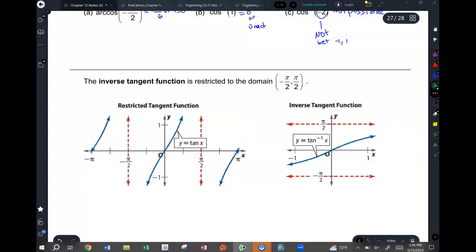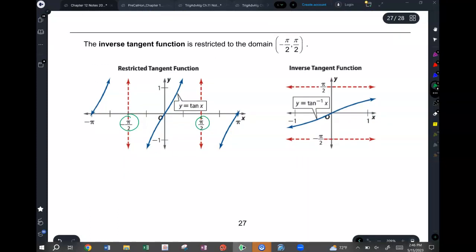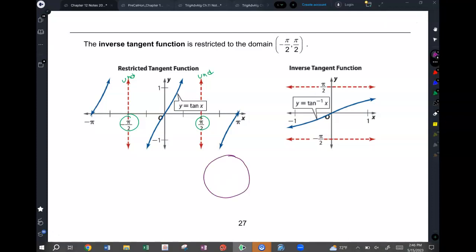You just take one arm of it, again from -pi/2 to pi/2, except tangent is undefined here and here. So when we put this on the unit circle, it's going to go from -pi/2 to pi/2 again.